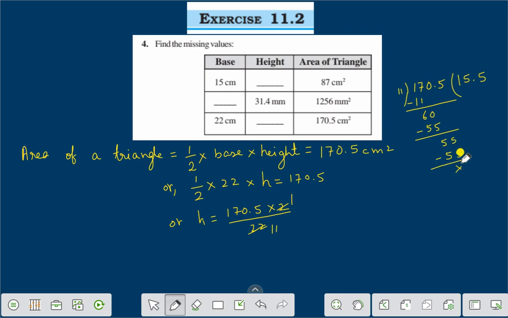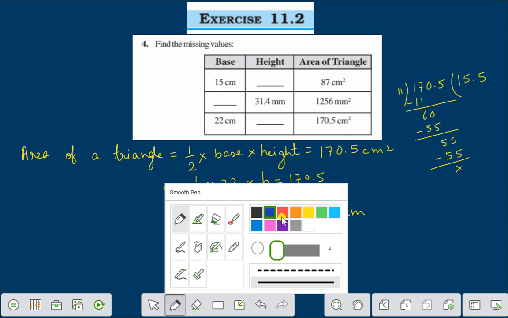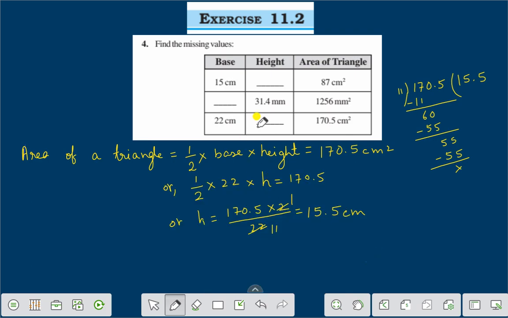That means we are getting 15.5 centimeter. Therefore, the height is 15.5 centimeter.